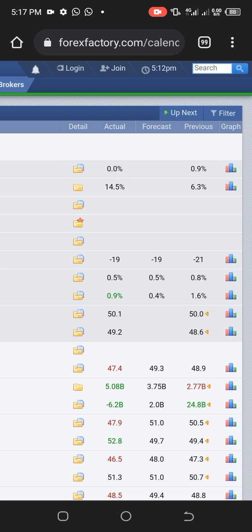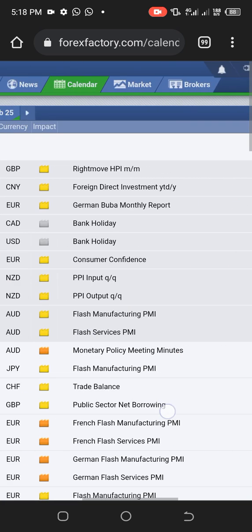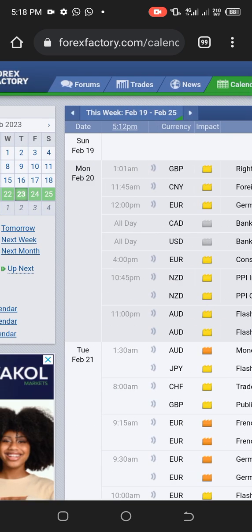There are so many websites you can use to check the forex calendar, but Forex Factory is one of the common ones which I would like you to also use. Now, among all the currencies you see here, the GBP, the Japanese yen, the euro, the Canadian dollar, the NZD, the Australian dollar, I want you to put these four currencies into consideration.